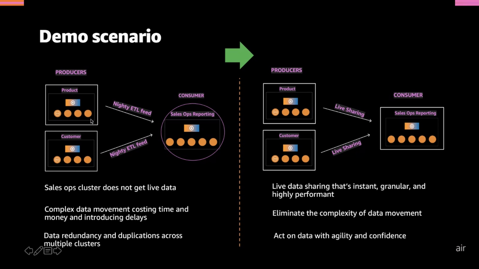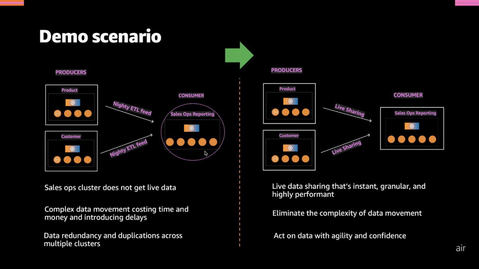We have a product logistics team that manages all the product related information, the inventory. They have their own Redshift cluster. We have a customer experience team that manages the customer related information and customer master data. That is the customer cluster. And then we also have a sales reporting cluster. The sales cluster holds the transactional sales information.